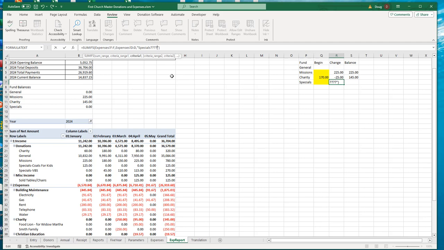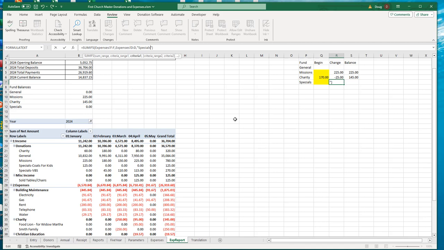There's going to be 4 more characters, but I don't care what they are. So in doing that, it has the ability to look up specials dash VBS, or specials dash ABC would also be found using those question marks as the replacement character. Now there's one other trick, and this is where it's going to be extremely beneficial for us and how we want to use it.